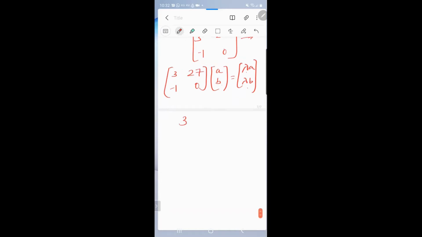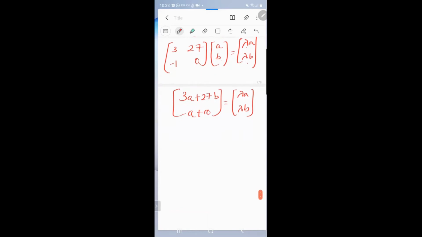Okay, so let's see what we can do to solve this. 3a plus 27b, minus a plus 0, is equal to lambda a, lambda b. Right, so what does this mean? This means 3a plus 27b equal to lambda a, minus a equal to lambda b.